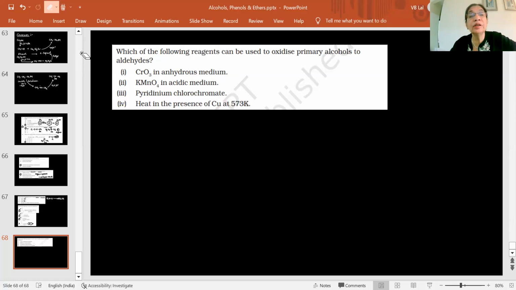Pyridinium chlorochromate, this. Ma'am, yes, you are right. We are making only aldehyde. So other than option 2, all of them will give. Correct, Sai Kalyan, you are right. Because this will form acids. We want to make only aldehydes. So 1, 3 and 4 can all make aldehydes from alcohols.